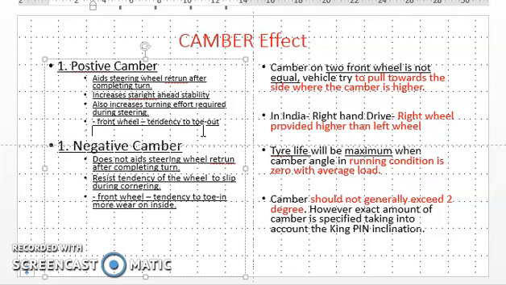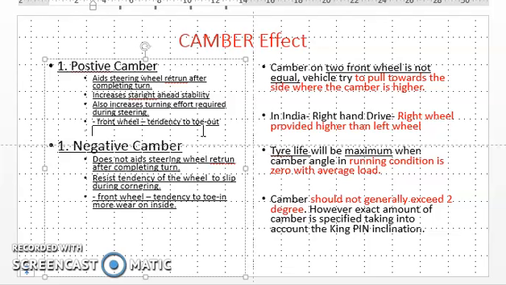When our vehicle is turning with the help of the steering mechanism, at that time the wheel tends to slip, and that tendency is resisted by this negative camber. Negative camber also has a tendency to toe in, so there will be more wear on the inside of the tire. So this is the effect of positive camber and negative camber.